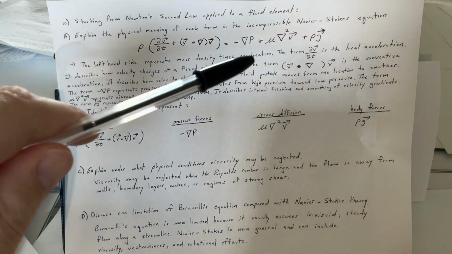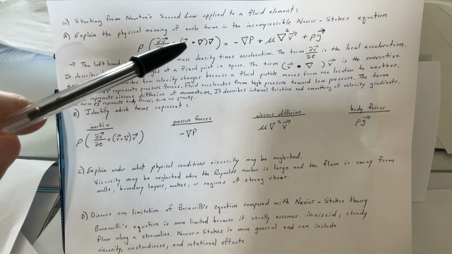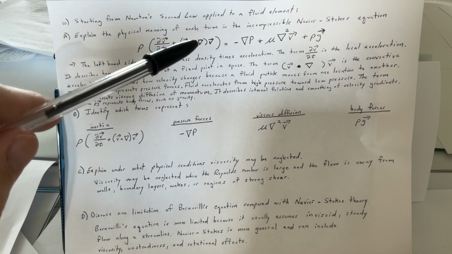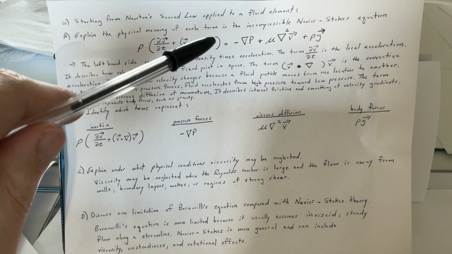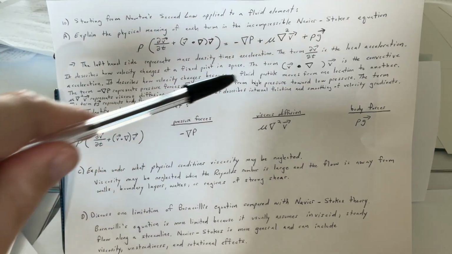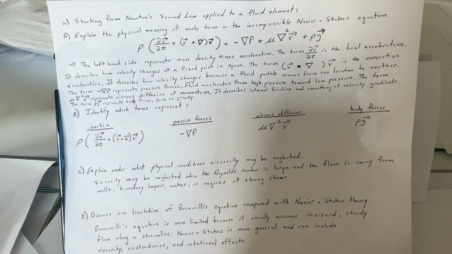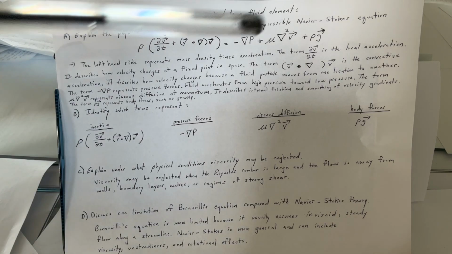The term v dot del operator times vector v is the convective acceleration. It describes how velocity changes because a fluid particle moves from one location to another. That's the left-hand side.